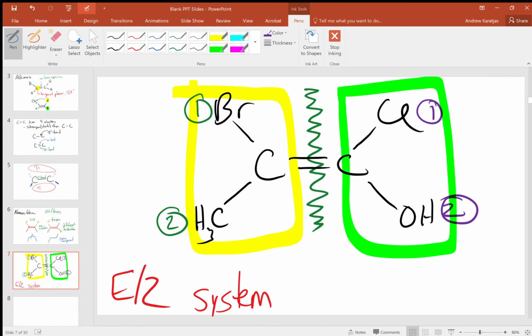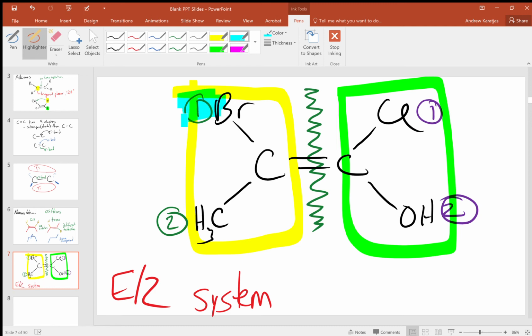All right, so that's the first half of using E and Z. What's the second half? The second half of assigning E or Z now looks at where the higher priority groups are. So for this alkene, are the higher priority groups on the same side, or are they on opposite sides?